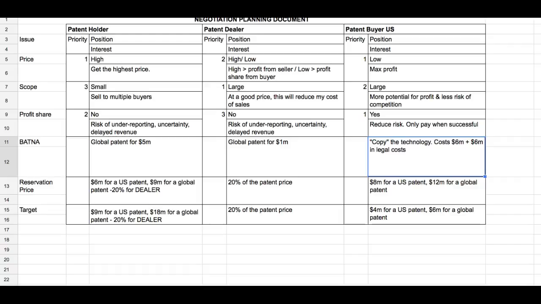For example, you are to represent the government in a case against a factory that's been polluting the area or something like that.